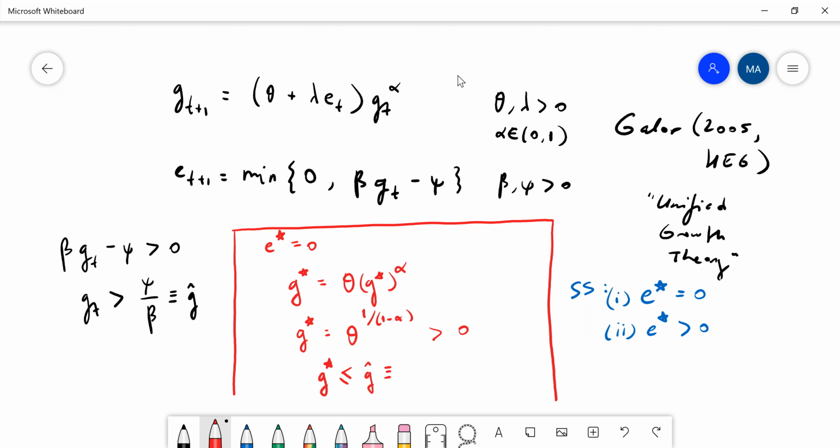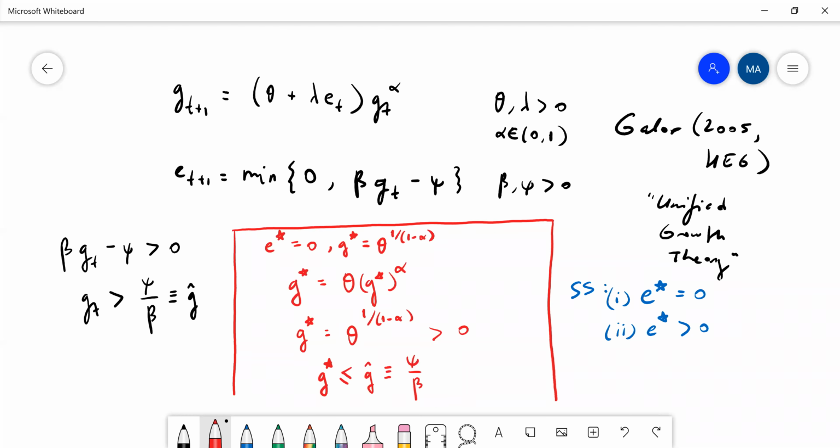And G hat is defined again as psi over beta, all right? So then there is this steady state with E equals 0 and G equal to theta to the 1 over 1 minus alpha, okay?